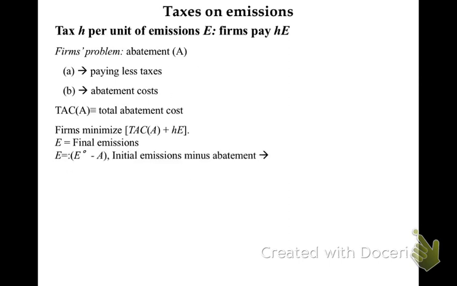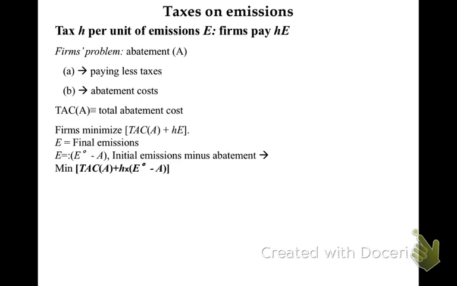And of course, we can write the final level of emissions as the initial level of emission minus the abatement, the reduction in emissions, which is E0 minus A, the initial emissions minus the abatement.